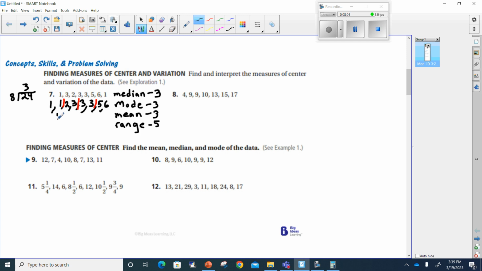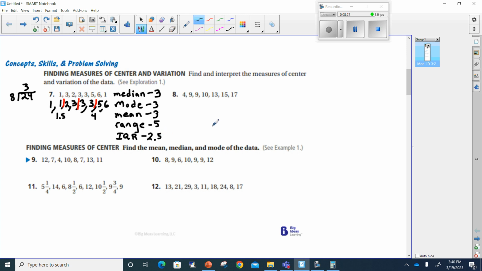So that's going to be 1.5. And this is 3 and 5, so between there is 4. And then the interquartile range, that's IQR. That's going to be 4 minus 1.5, which is going to give me 2.5.